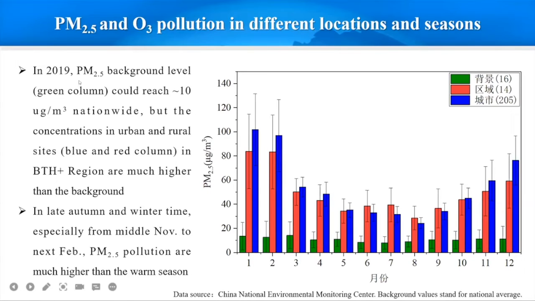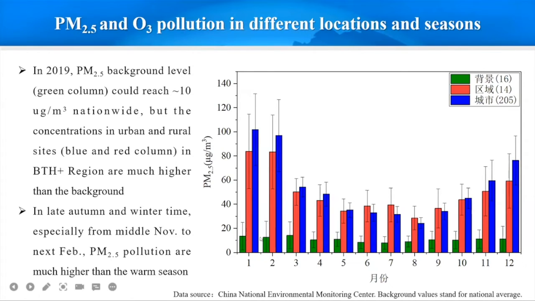We can see that in 2019, the PM2.5 background level, the green column, could reach around 10 microgram per cubic meter nationwide, which means we still have a very low PM2.5 background. But the concentrations in urban areas, the blue column, and also rural sites, which means the regional concentration in the BTH region, are much higher than the background.